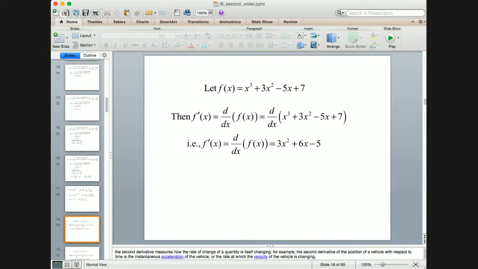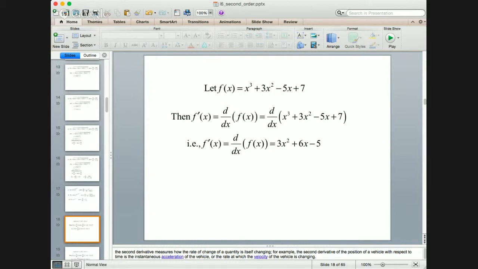Now this again is a function of x. So if I have found out the derivative of y or f of x, will it be too complicated to differentiate it? As you can see, the f dash x turns out to be a function of x.